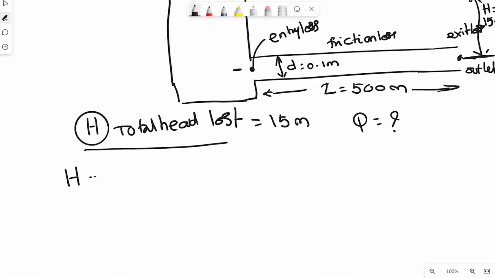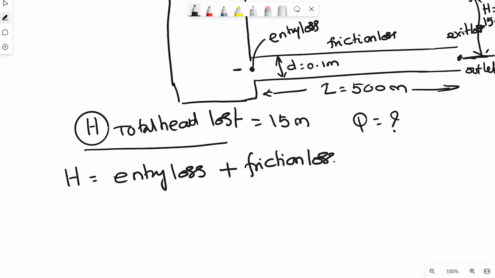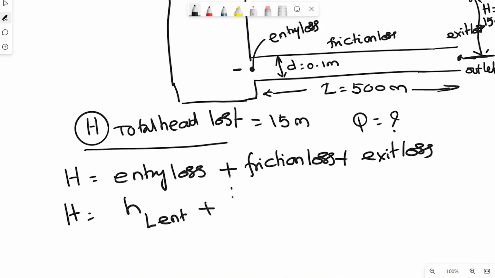So the total head is equal to entry loss plus friction loss plus exit loss. Meaning, H is equal to head lost at entrance plus head loss due to friction plus head loss at the exit.